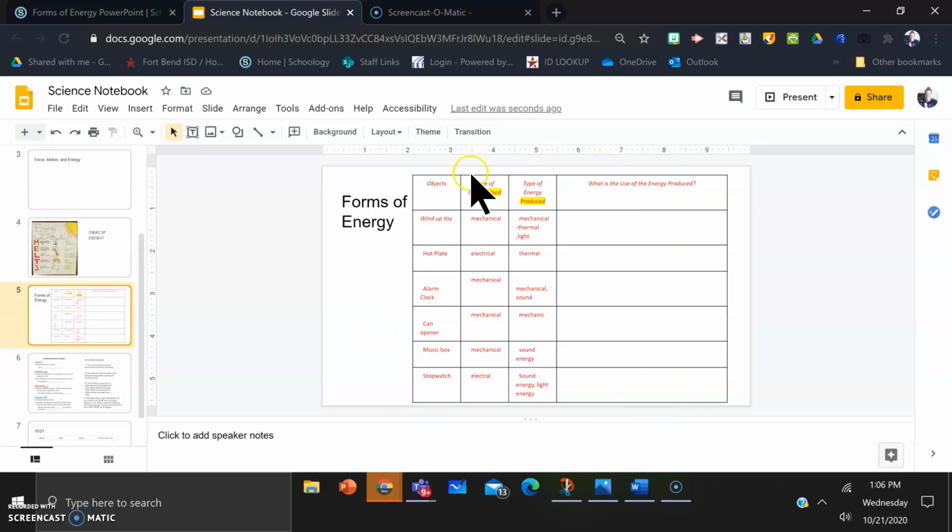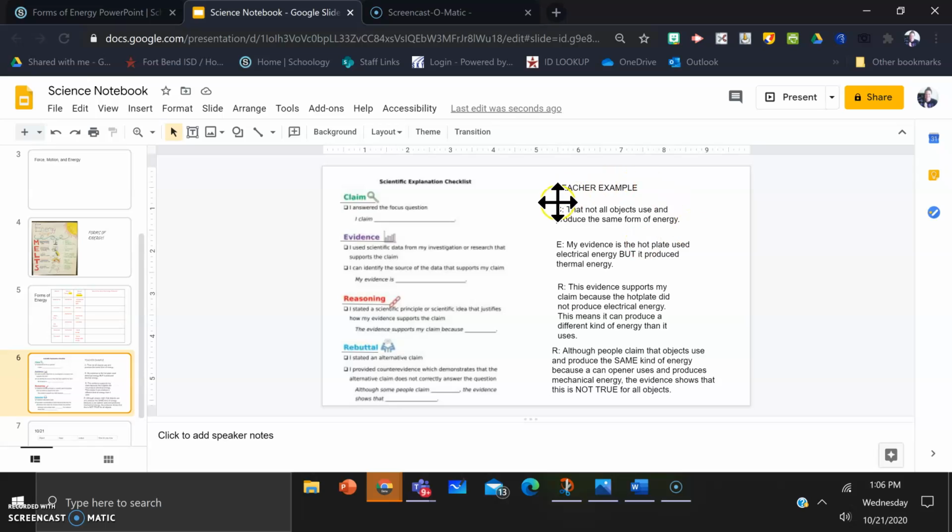From this data, I can see that some objects create and produce the same type of energy, but some objects create and produce different types of energy. So my claim is that not all objects use and produce the same form of energy.